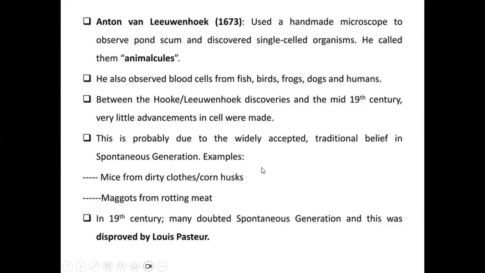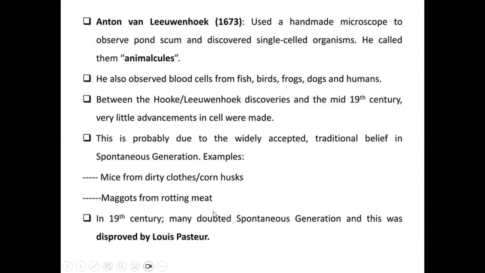So there were several examples at that time which suggested that the origin of life has taken place from spontaneous generation. For example, when dirty clothes were kept in a room, mice came out of them after a few days. And similarly, rotten meat was kept in a room, and maggots were developed out of these in few days.